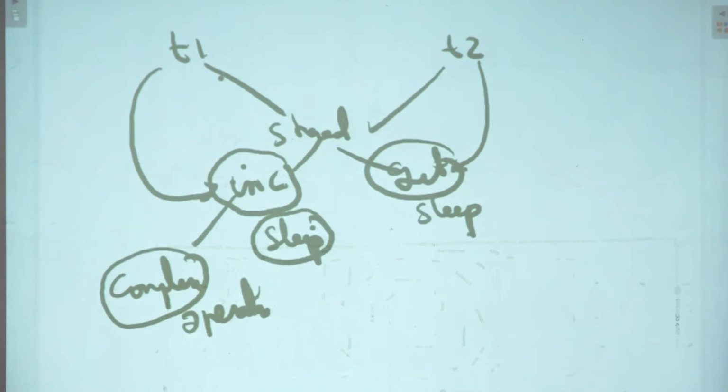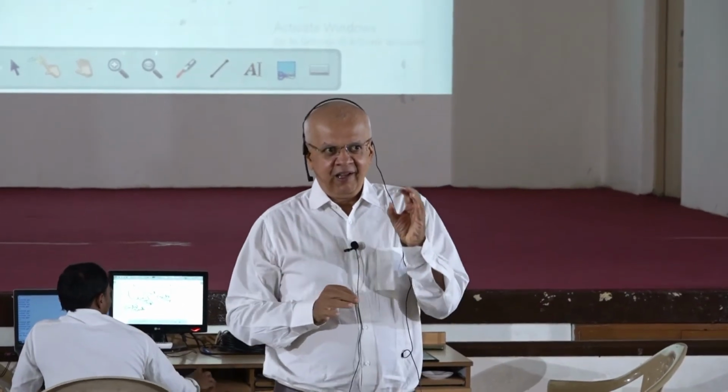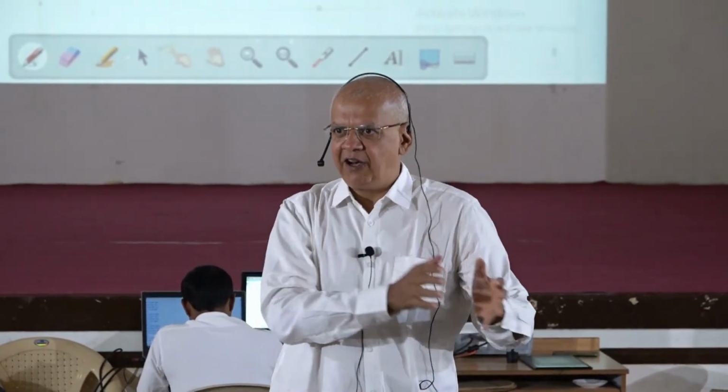So, now, this is what is happening. So, what should be done? Now, please follow me carefully. Somehow we have to tell the thread T1, while you are working, I will not work. While you are working, I will not work.